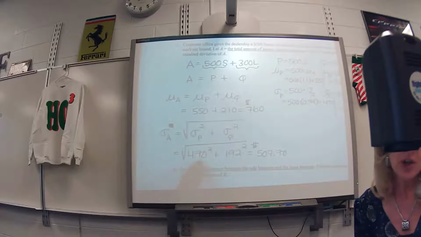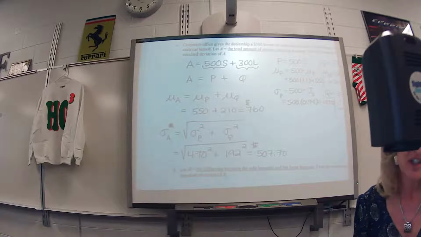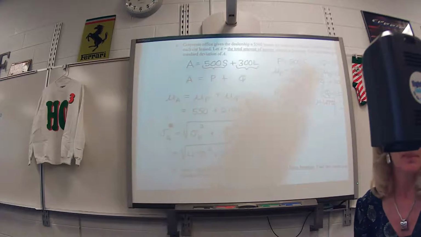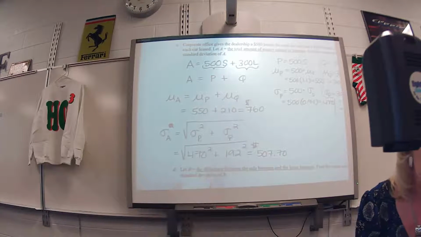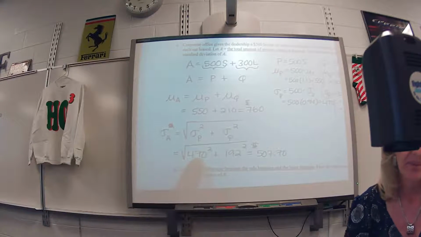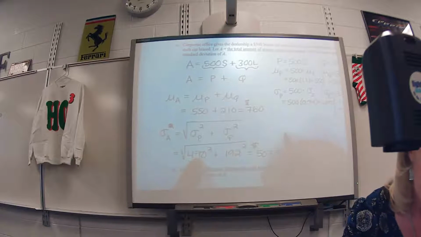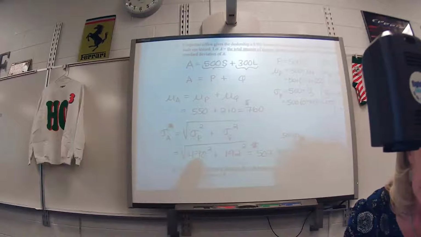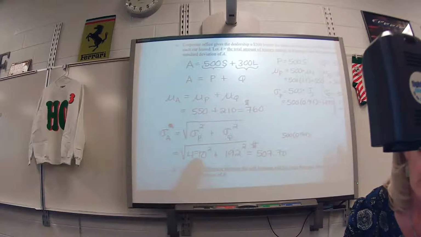Now, if you look at the mathematics that's going on here, this is where some of you might say, I don't need to do this like Mrs. Ferrari. I can put this all together. You could come back and look at it and say, where did the 470 come from? It came from the 500 times the 0.94, but that whole thing got squared.